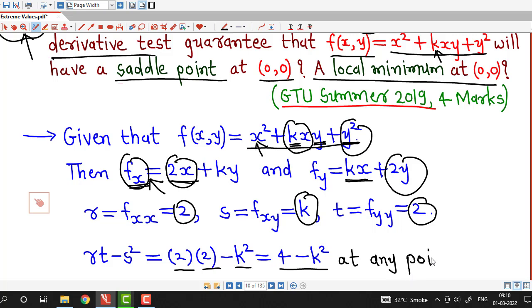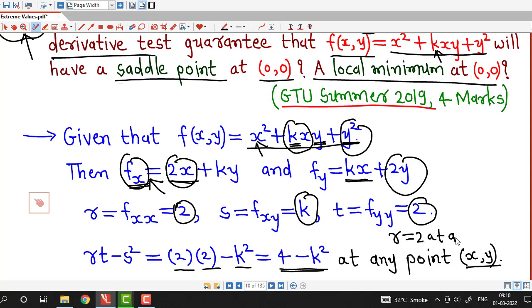This does not contain x or y, so rt minus s² becomes constant. Its value is 4 minus k² at any point, so it depends on k only. The value of r is also the same, it is 2 at any point (x,y).